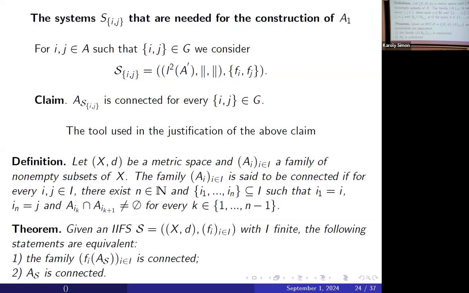And in order to say how to choose this A1, let me recall that if we have such a possibly infinite iterated function system for which I is finite, then we have a classical result, which says that the attractor is connected if and only if the family of the images of the attractor through the functions fi is connected.